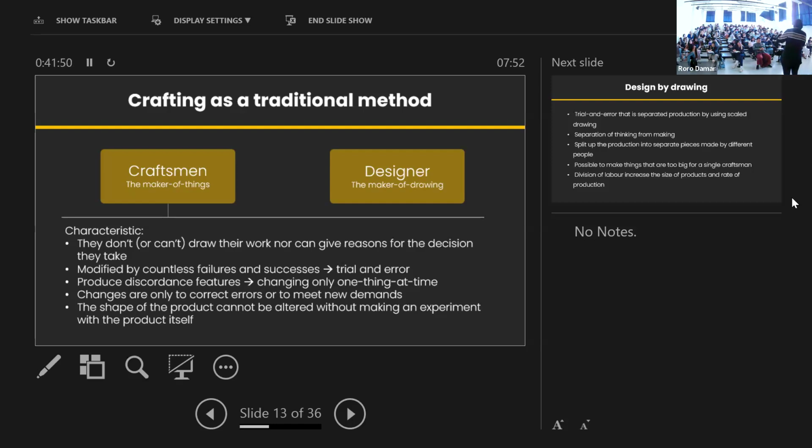So the designer plans, that is where the trial and error happens, because when it is built, there will be no room for error, right? While craftsmen still have room for error, and by knowing the error, they refine it.